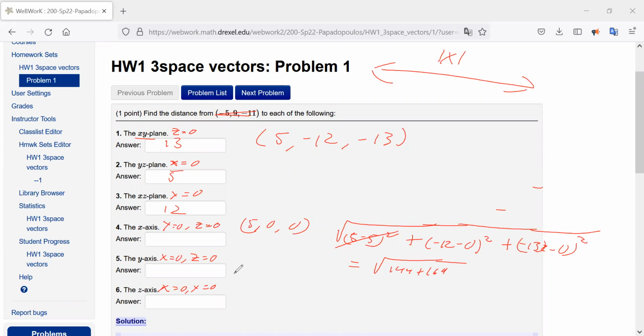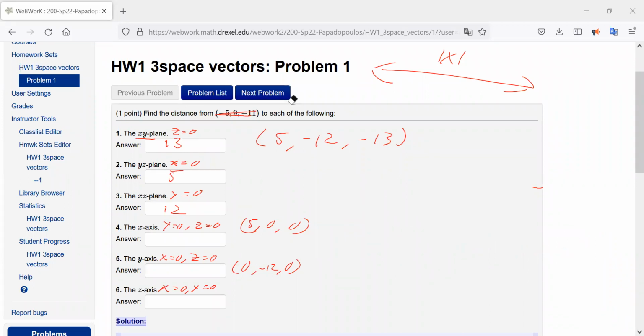Sadly. So for this one, we have the x and the z, so we can set our y to be the same. So this will be 0, -12, 0. And the distance here is going to be the square root of (5 minus 0) squared, plus that thing zeroes out in the middle, plus (-13 minus 0) squared.